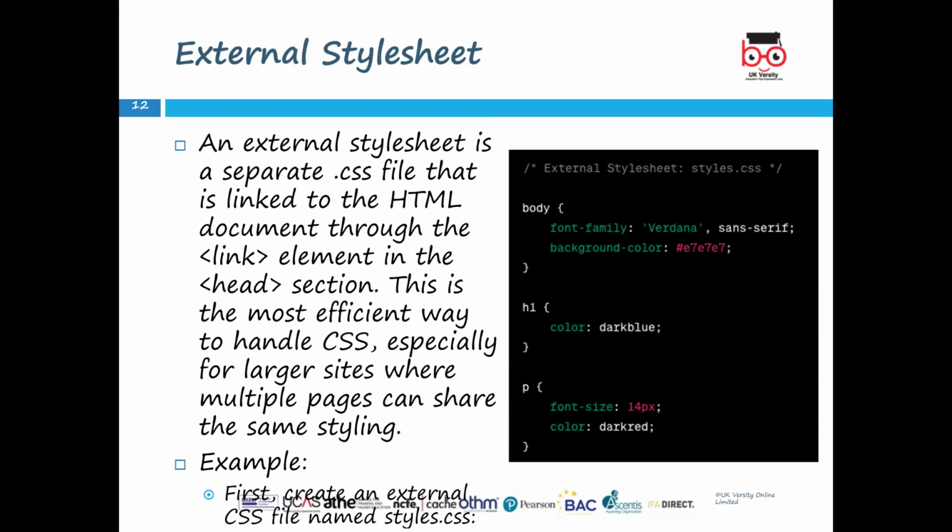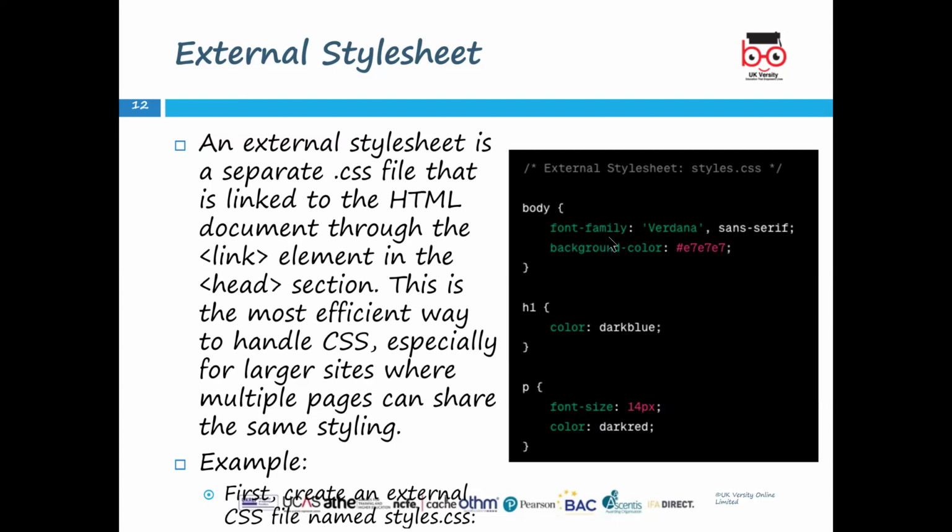Lastly, we have external, where we're going to create an external file and save it with the CSS extension. In this separate file, we have to make sure we're referring to the blocks of our HTML file. So whenever we have an opening bracket, we need to define where we're going to make these changes.